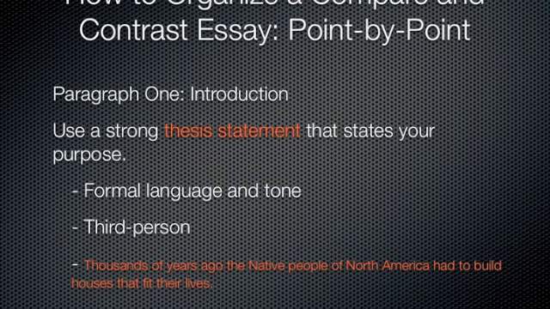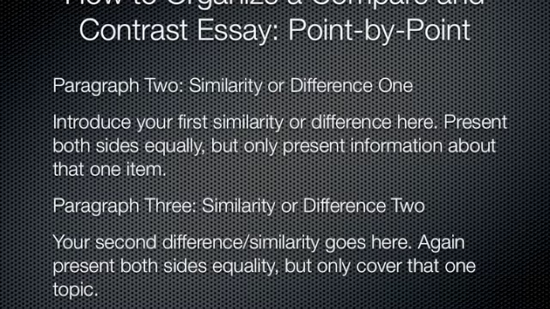The other structural type that we could organize a compare and contrast essay is a point by point. Again, that first paragraph must be your introduction, and it must have a strong thesis statement in formal language and tone. Remember also it needs to be in third person. Now, when we looked at block, they went by each individual topic.